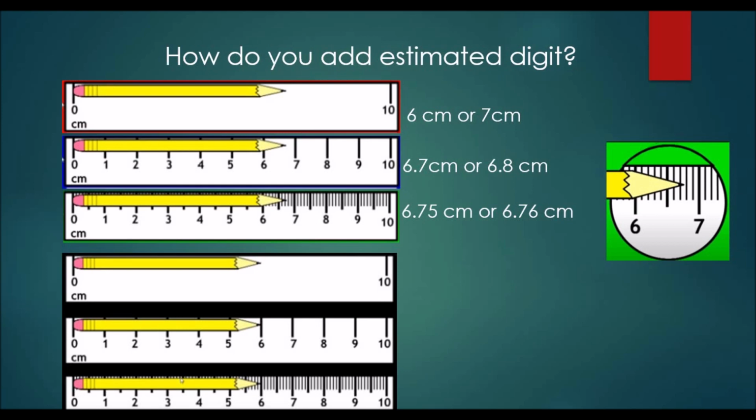Now see some examples if the length of the object is exactly on the line. First measurement is 6 centimeters. The second measurement is 6.0 centimeters. And the third measurement is 6.00 centimeters. 6.00 centimeters is the most precise measurement.